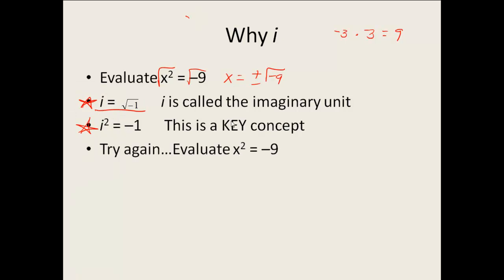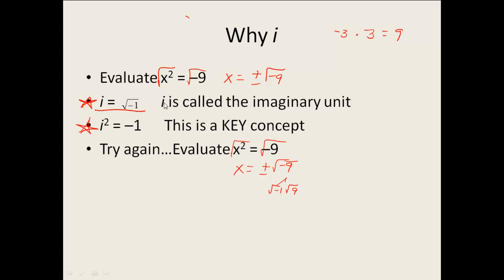So now let's look at that problem again. If I try to evaluate x squared is equal to negative 9, I'm still going to square root both sides. And I'm going to be left with x equals plus or minus the square root of negative 9. Well, now I can break down that square root of negative 9 into the square root of negative 1 and the square root of 9, because negative 1 times 9 gives me that negative 9.